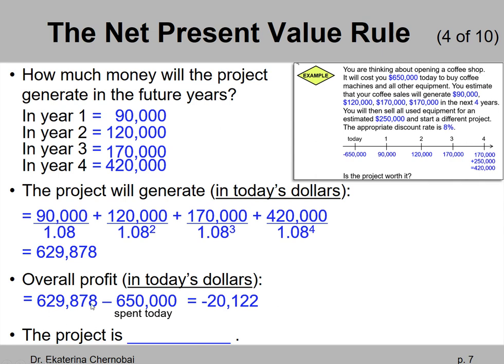That's how much money we would get. But it will cost us $650,000 today to start this whole thing. So when you calculate the difference, money coming in minus money coming out, you get negative $20,122. So the overall profit is negative, which means we are going to be losing money.